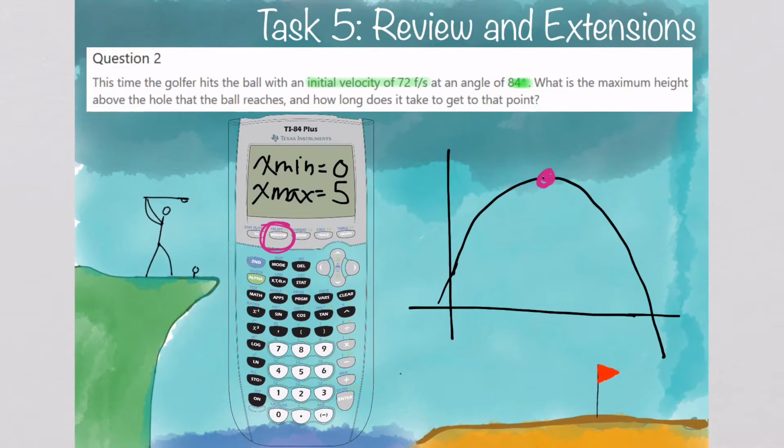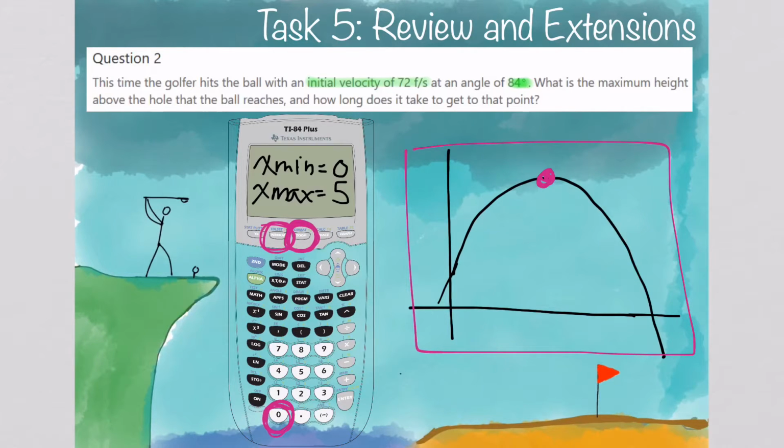Maybe it'll work, maybe it won't, but it'll be a good starting point. Once you've chosen smart x values, we can let our calculator do the hard work for us. At this stage, we want to choose the zoom option and choose option 0, which would do a zoom fit. After doing so, you should end up with a graph that looks something like this.